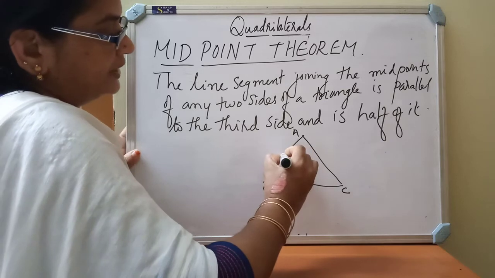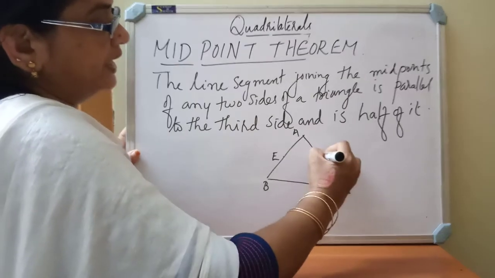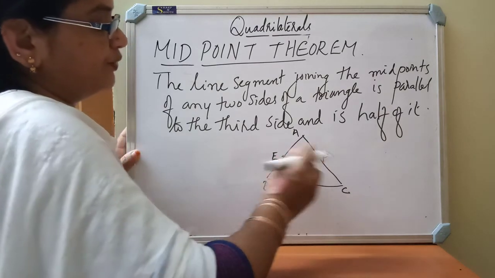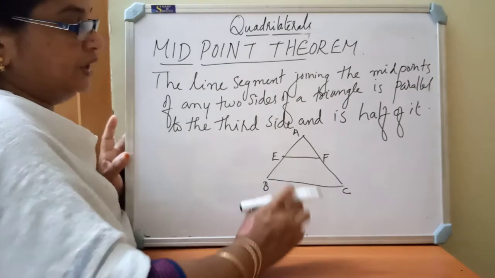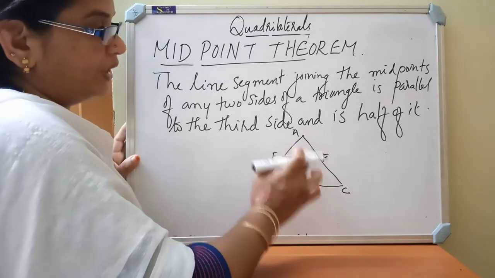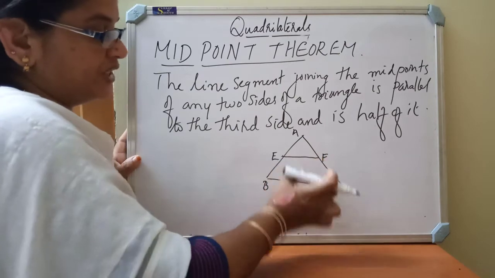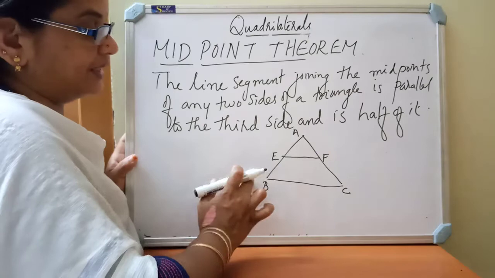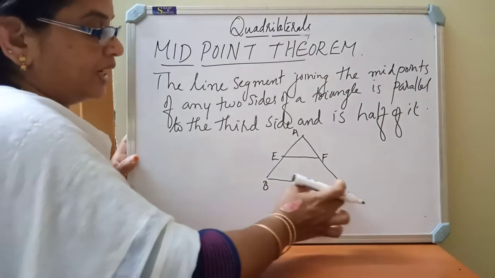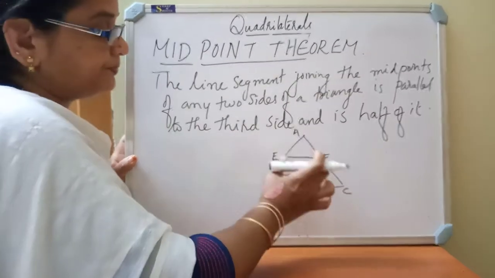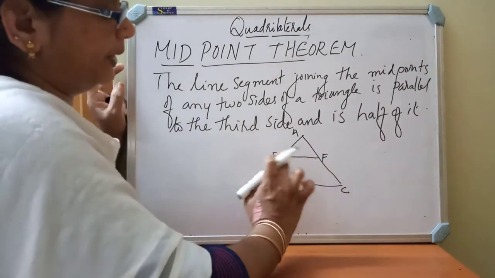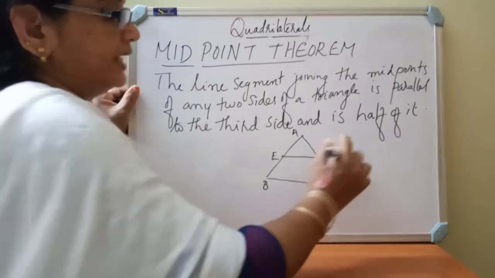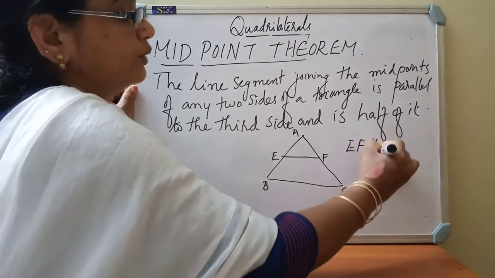The midpoint of AB is E and the midpoint of AC is F. So the line segment joining the midpoints of two sides of the triangle is the line EF. It says this EF is parallel to the third side. The midpoints are of the two sides I considered, AB and AC, so the third side is BC. So EF is parallel to BC.